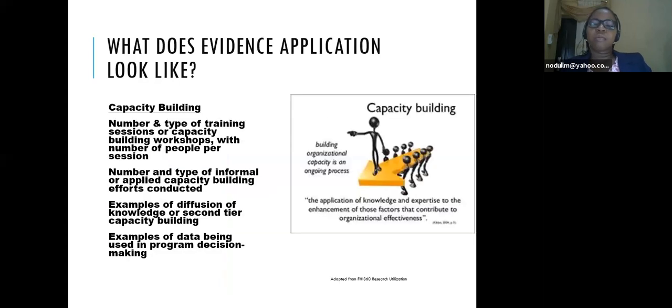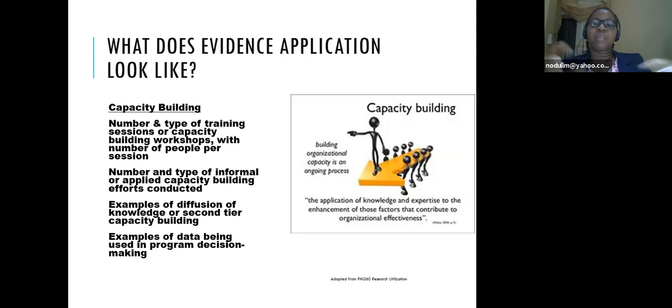We can also look at evidence use or application at the capacity building level. When we have built capacity using the evidence presented, that will be measured by the number of trainings, type of training given, workshops, number of people reached through the workshops that we conducted, informal and formal, even diffusion of knowledge to second tier level, to people not of the target, when they have diffused.